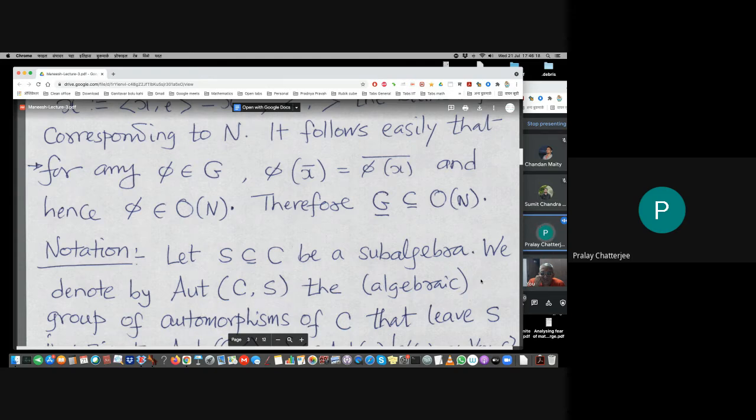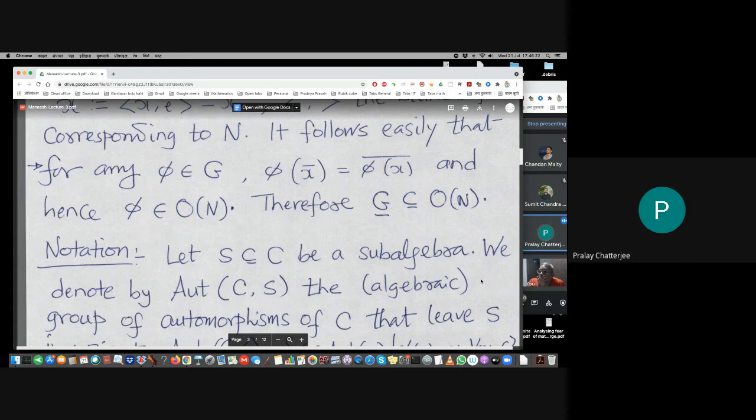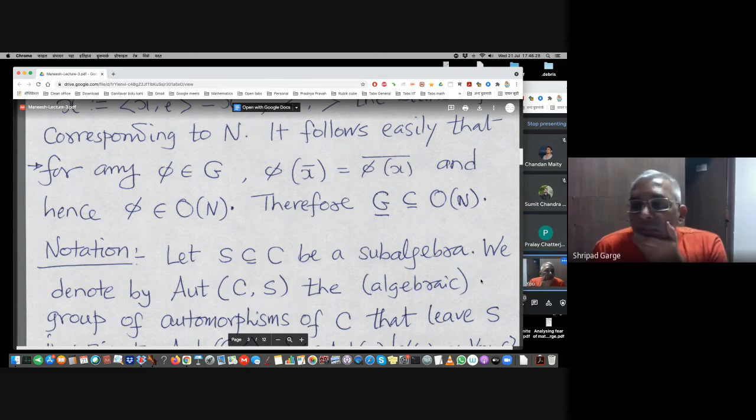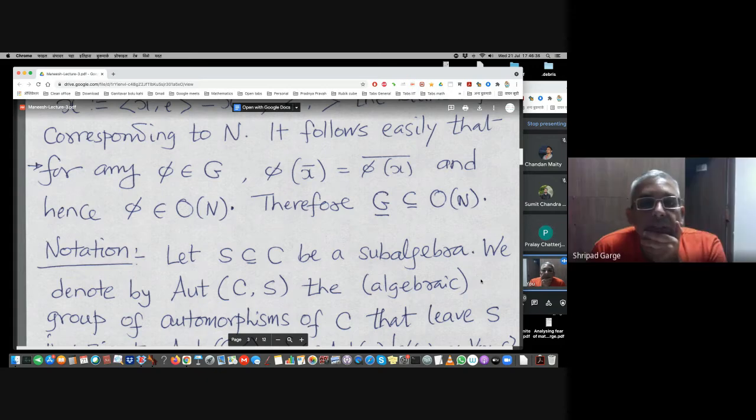I understand that G bar is K closed, but how does one conclude that G bar is defined over K? Because your composition algebra is defined over K. So its automorphism group is defined over K. All it has to do is preserve the algebra structure, which is given by polynomials.